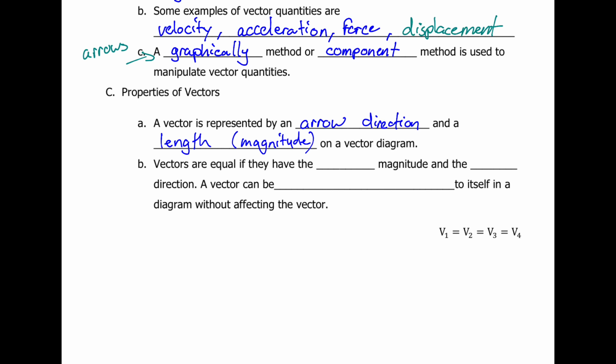We won't be getting our rulers out, measuring to the millimeter and drawing them that way. What I expect from your vector arrows is them to be what we call proportional. If one vector is about twice as big as another vector, that arrow should be about twice as long. If you draw vectors that have different sizes, all with the same sized arrows, it will lead you to wrong results. Since we're not measuring them, it will trick you into thinking your math is wrong if you drew your picture wrong. Vectors are equal if they have the same magnitude and same direction.